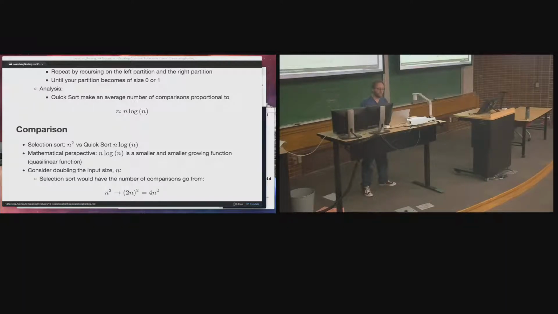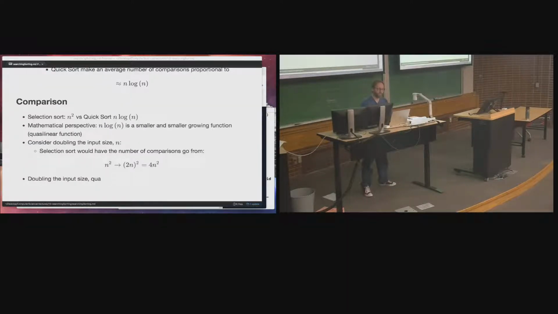In other words, doubling the input size quadruples the number of operations that selection sort performs. And by operations, I mean comparisons.